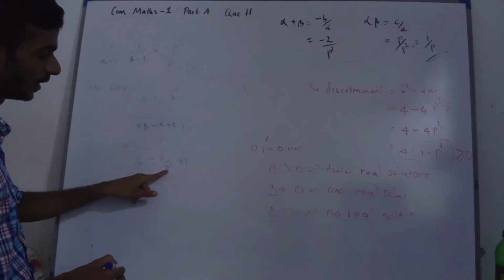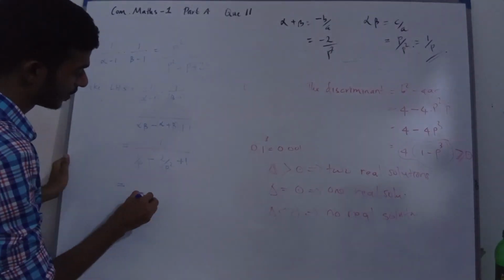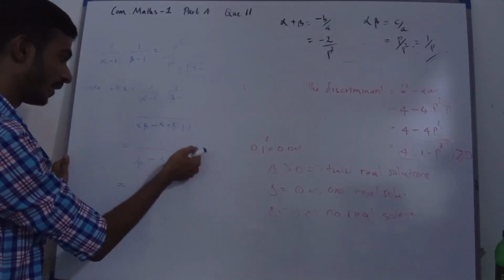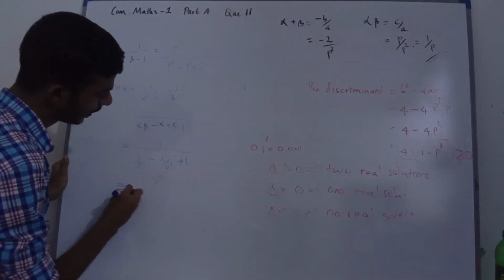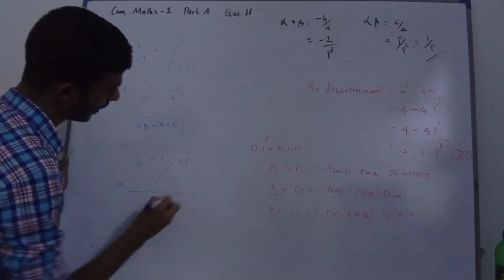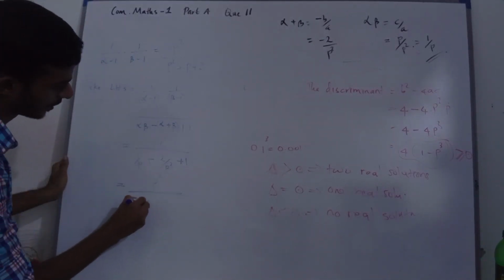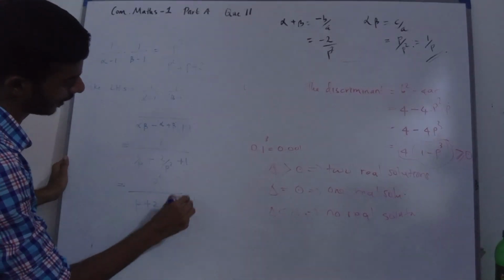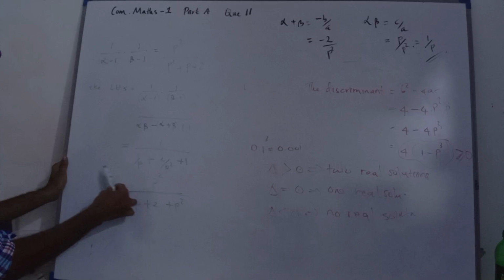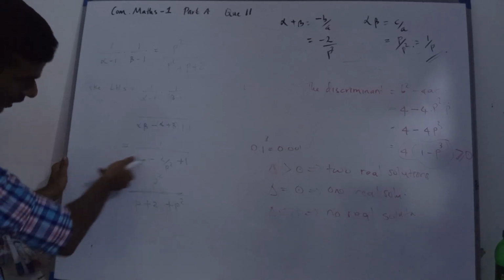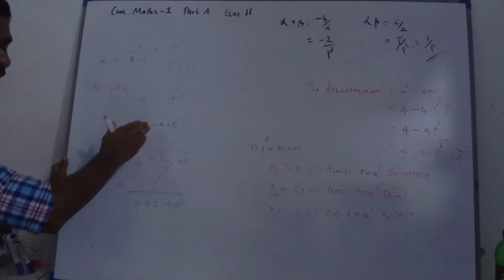I'm going to take p squared as the LCM. So p squared in the numerator of this fraction, and then I have taken p squared as the LCM, so here p plus 2 plus p squared.